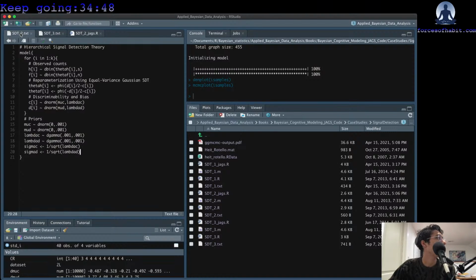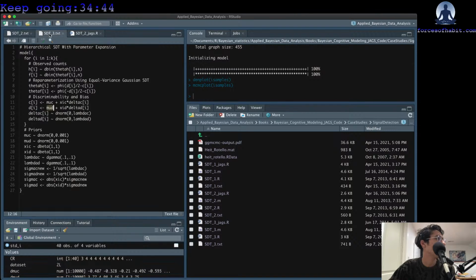so instead of C and D being normally distributed with mu and lambda, now C and D are mu plus xi_C, xi_D times these. So we have this little prior distribution here, uninformative, that is a multiplicative sort of thing.